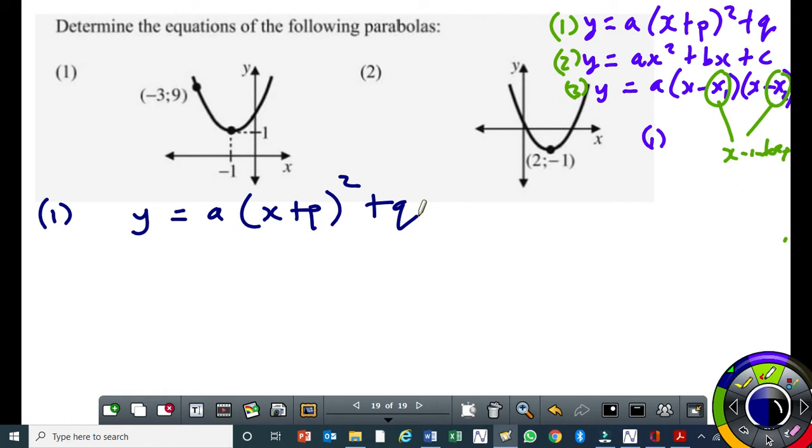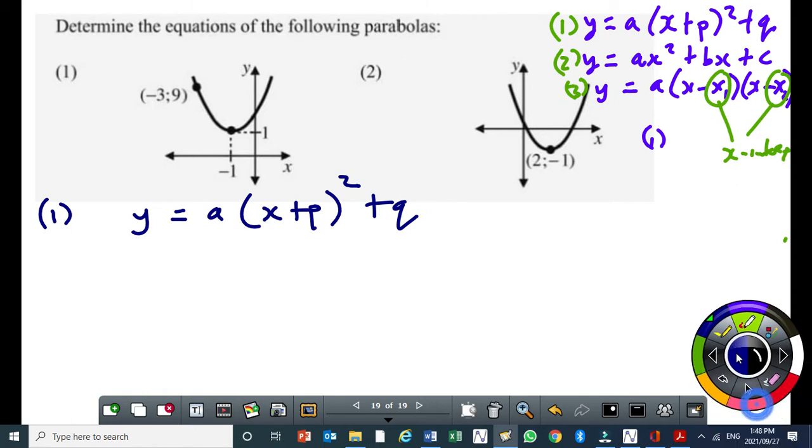Remember, I told you that in the turning point form, your x at the turning point is equal to minus p. So our x here is negative 1, which means p is going to become positive 1.